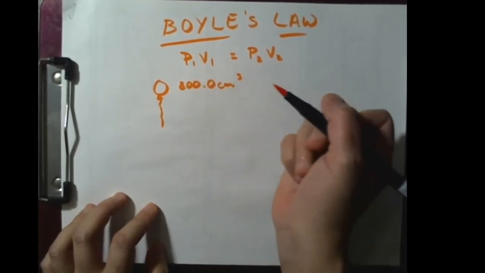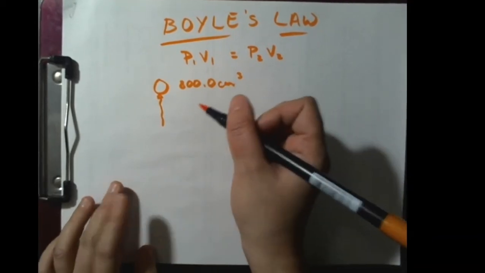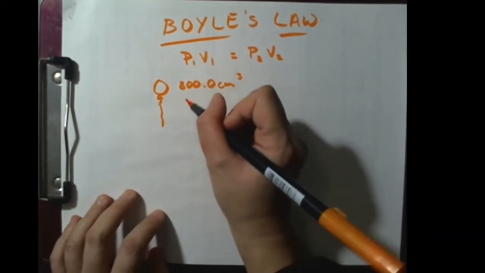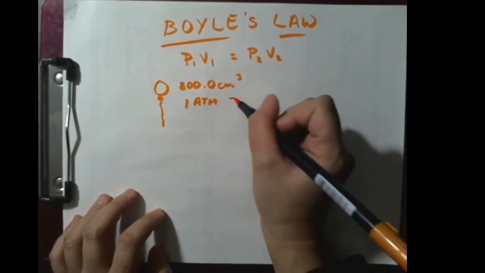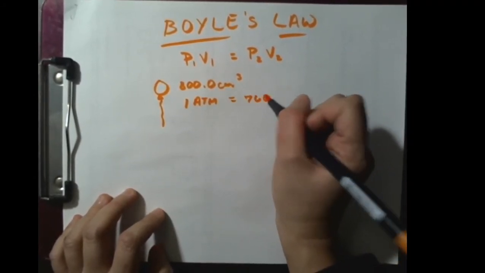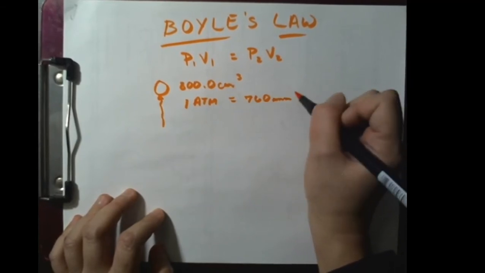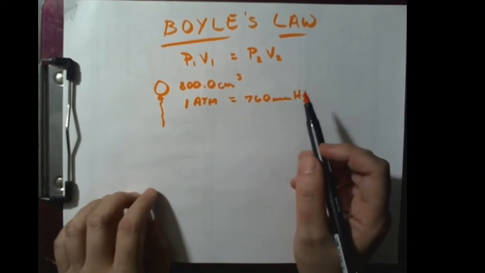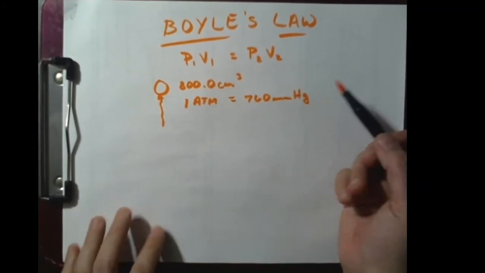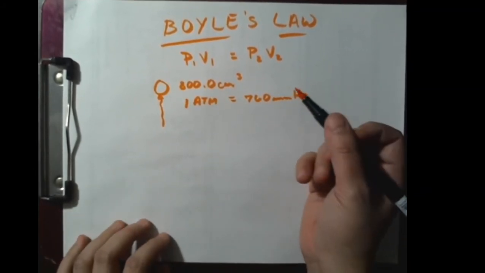Now, standard atmospheric pressure has several units, so 1 atm, for example, that's the standard, is equal to 760 millimeters of mercury. Okay, so that's one piece of information that this question gives us.